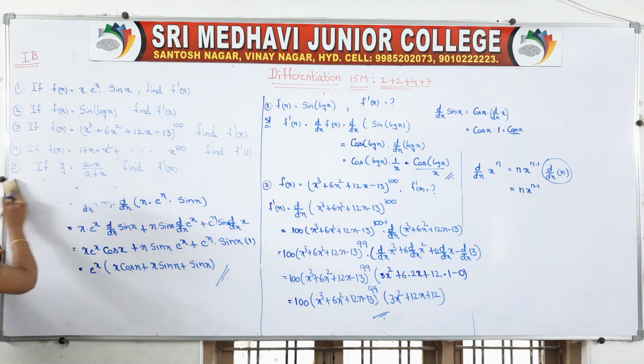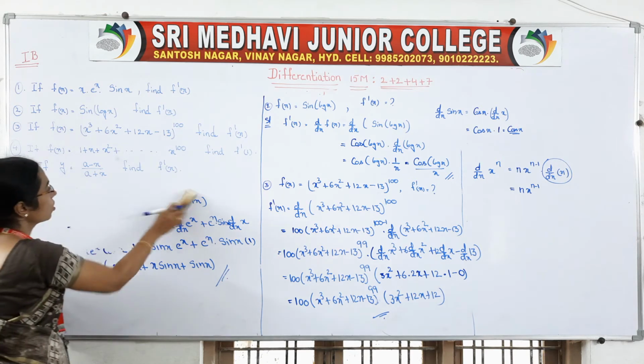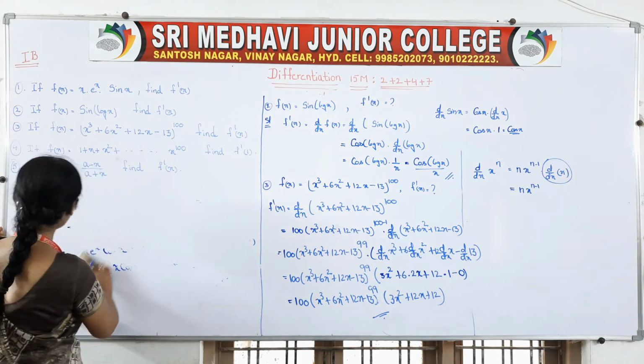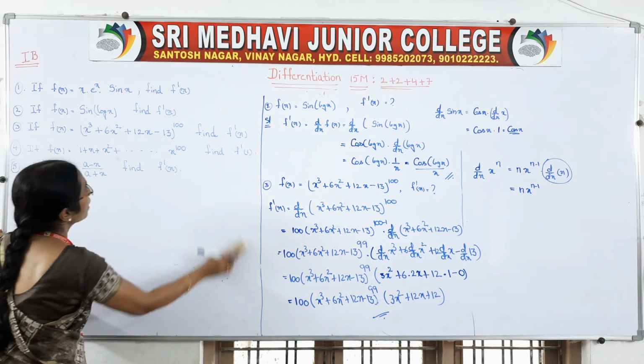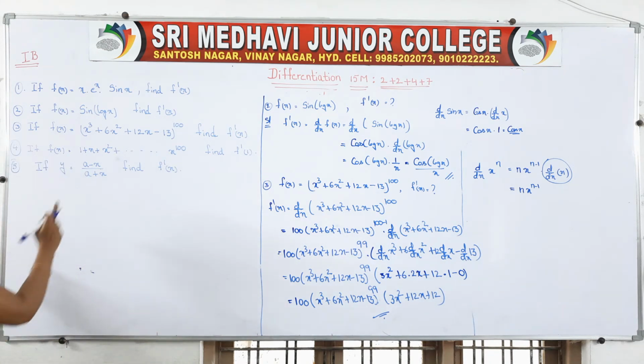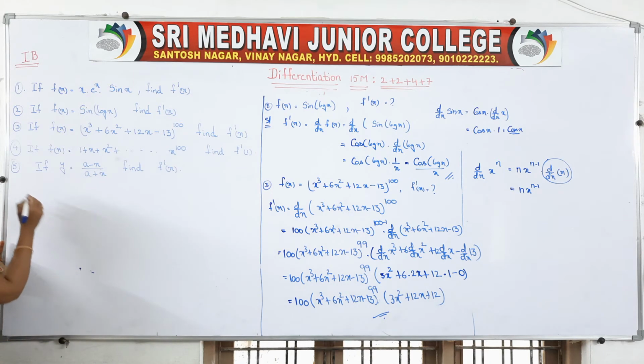What is your fourth question, right? If f of x is equal to 1 plus x square and so on up to x to the power of 100, find f dash x.